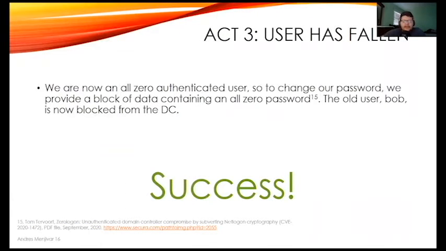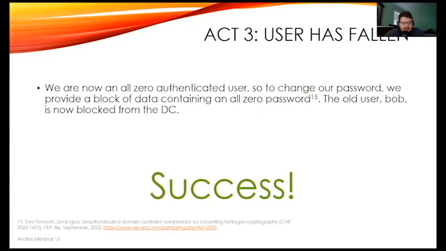At this point, we're not really Bob. We're just an all 0 authenticated user, and we can change the password by simply providing a block of data which contains an all 0 password, or even a complex password if we choose to do so. In either case, Bob, our old user, is now blocked from accessing this domain, thus a successful attack.